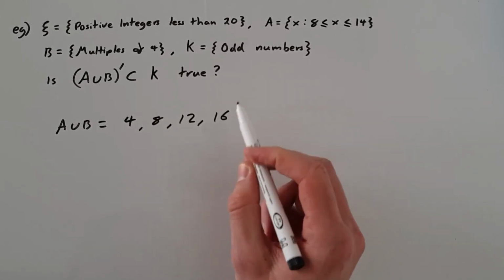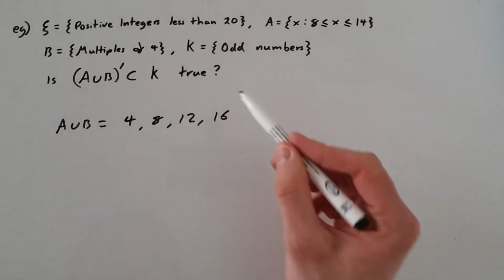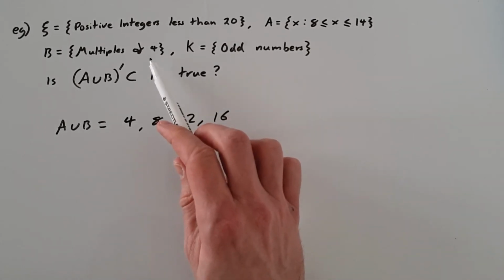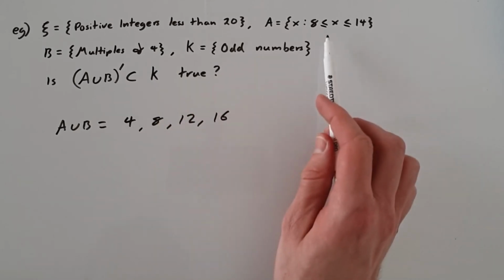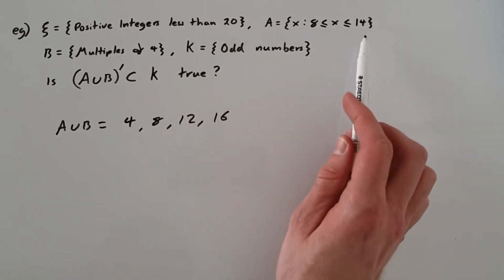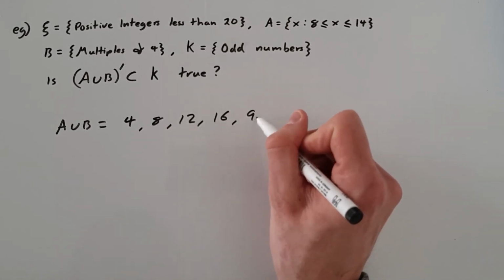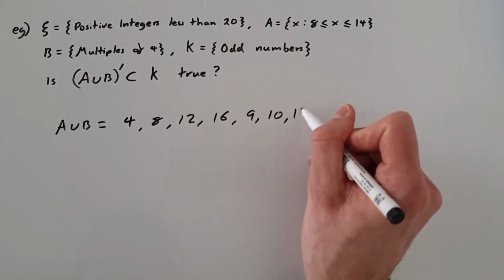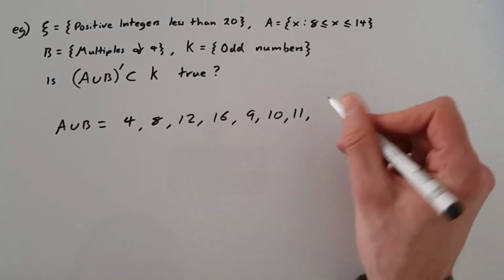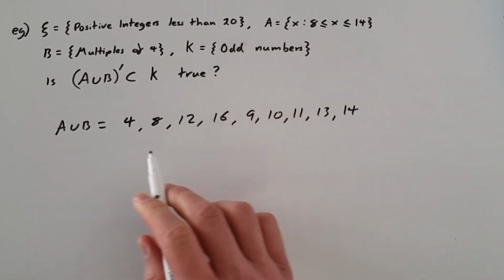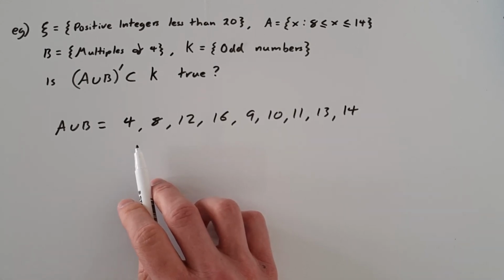Okay, not 20 because it's numbers less than 20. So those are all the members that make up multiples of 4, our set B. And our set A is just all the numbers between 8 and 14 inclusive. So we've got 8 already, so we've got 9, 10, 11, we've got 12 already, 13 and 14. Okay, that is the union of A and B.